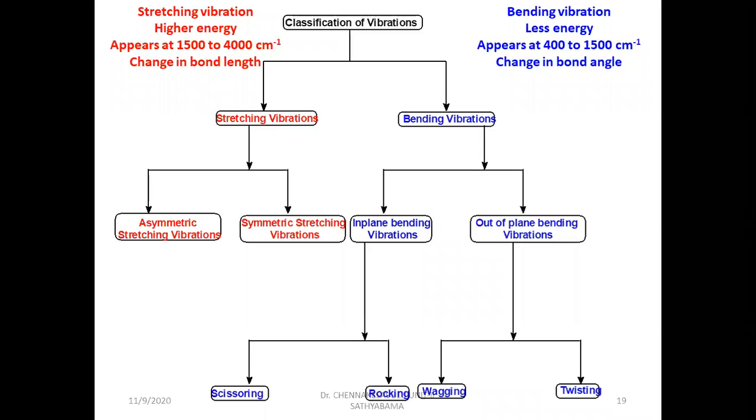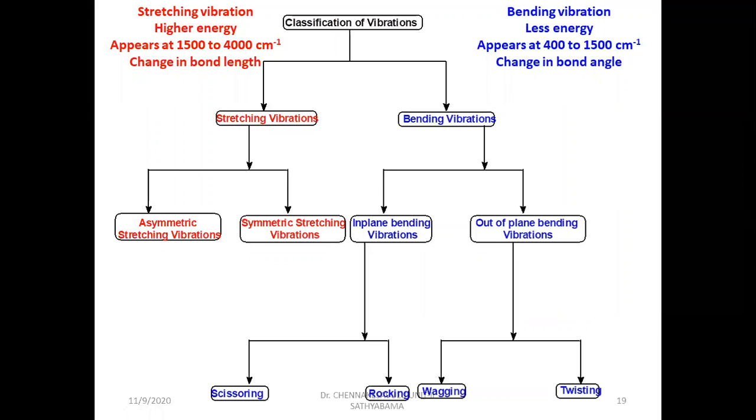The classification of vibrations is based on our previous discussion. We are classifying vibration into 2 types: stretching vibration and bending vibration. Stretching vibration brings a change in bond length, and bending vibration brings a change in bond angle. Again, stretching vibrations are classified into two types: asymmetric stretching vibration and symmetric stretching vibration.